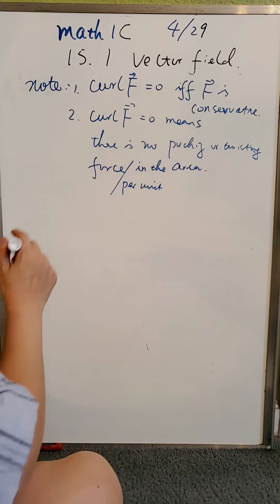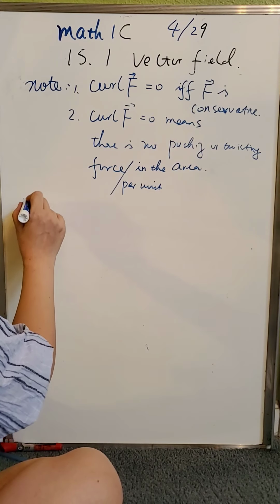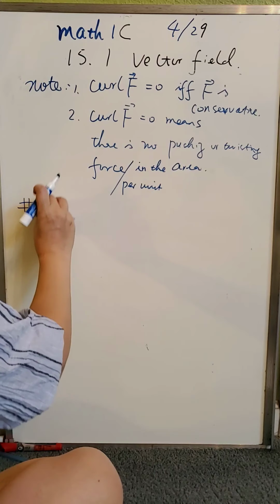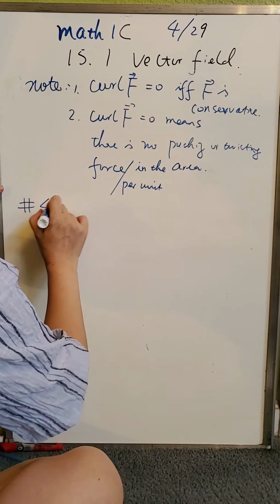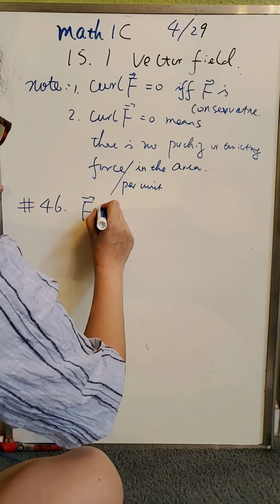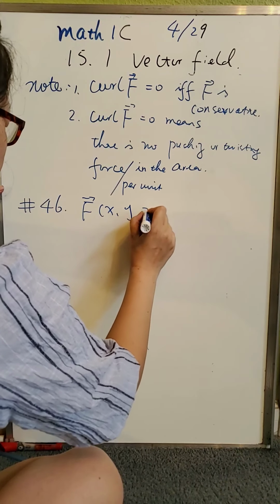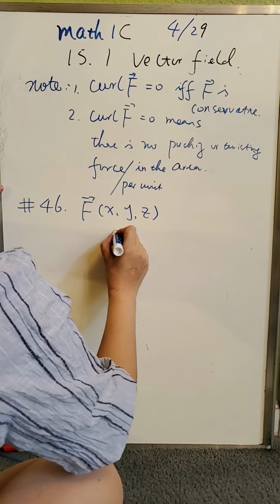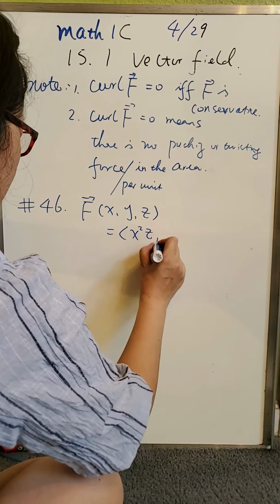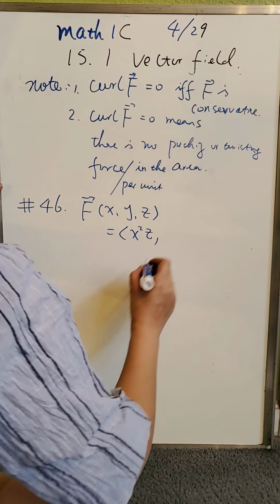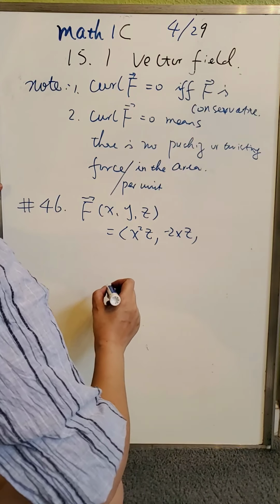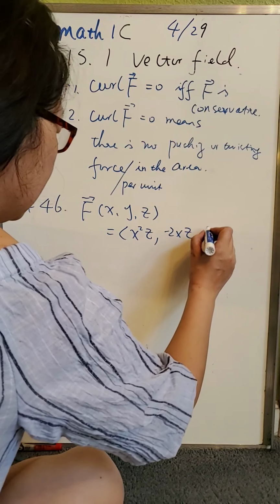And so now we're going to do examples. So how we use the formula I gave you guys earlier, number 46. We are given a vector field F equal to x squared z, negative 2xz, and yz.